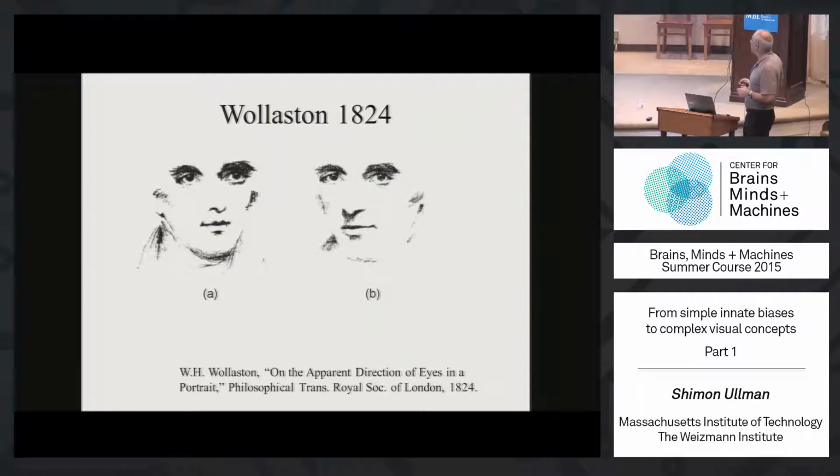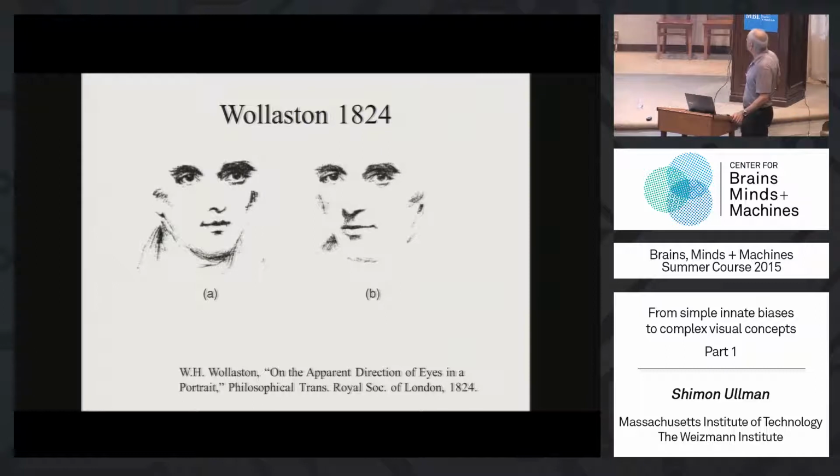There are more recent and more accurate studies of this, but I like this reference because it is from a scientific paper on the relative effect of head orientation and eye orientation in gaze perception, and it's a scientific paper from 1824. So this problem was studied with experiments, and they got judgments and so on.